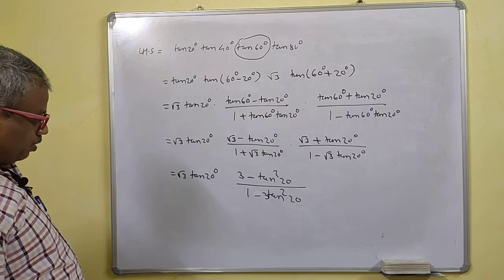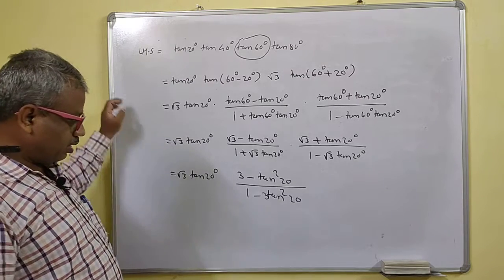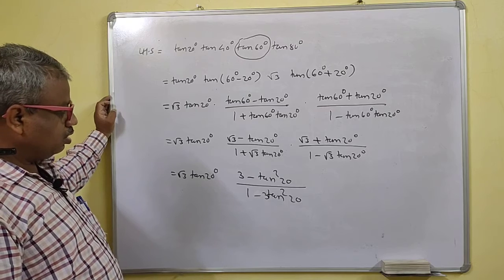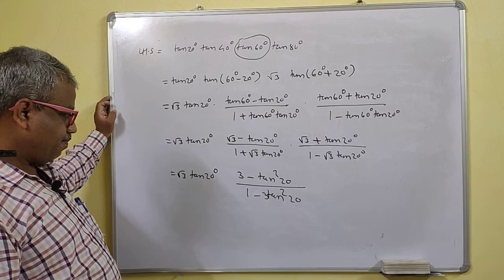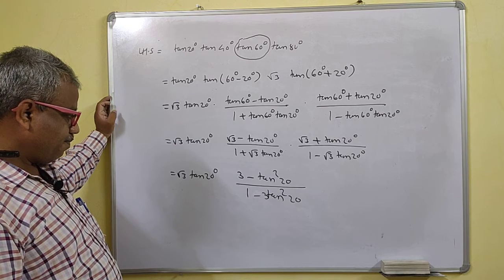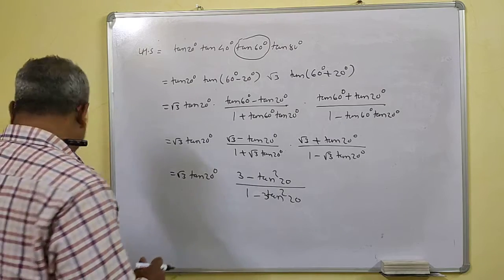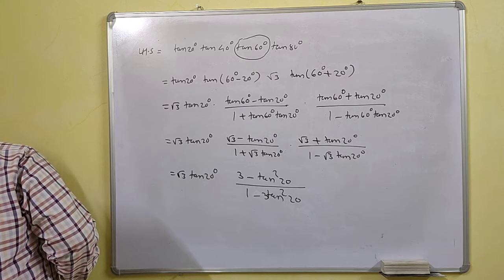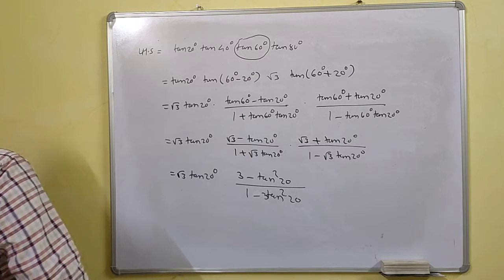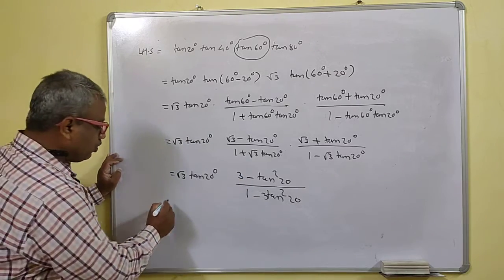So what is your formula? Okay, now we'll multiply by this tan 20 degree. So what we get?